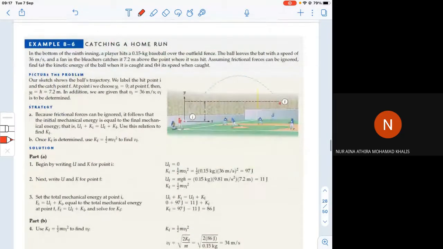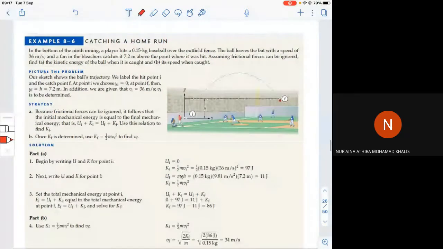Okay, let's take a look at how it involves the total mechanical energy. In the bottom of the ninth inning, the player hits a 0.15 kilogram baseball over the outfield fence. That means he's going to hit a home run.